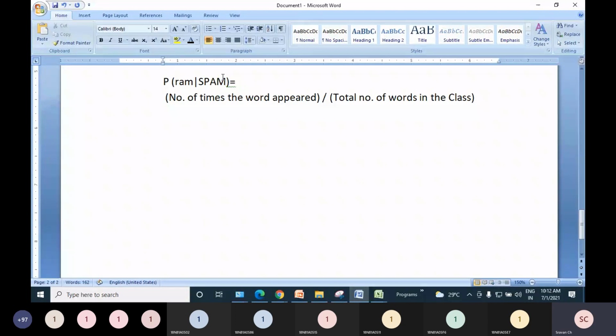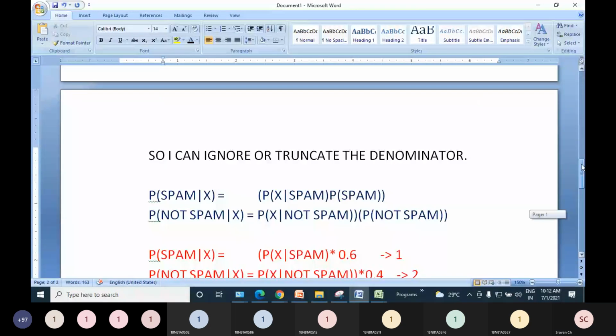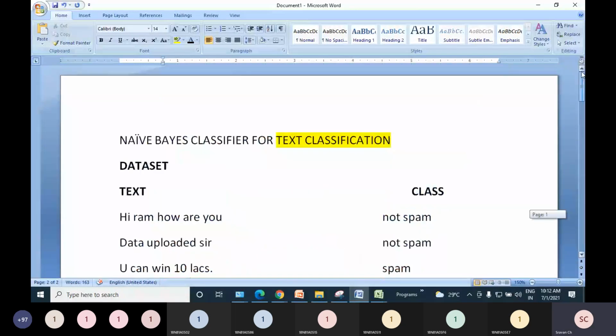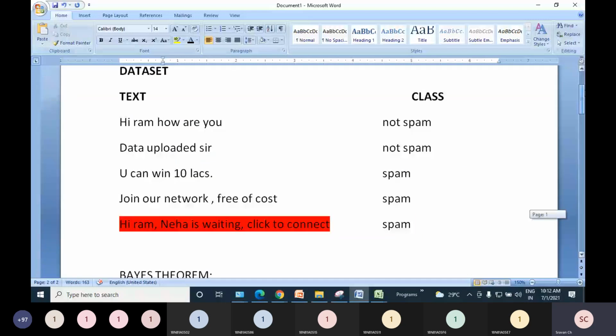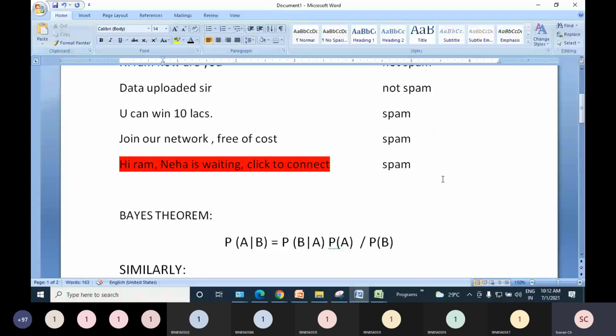Which class? Spam and not spam are the two classes. I am dealing with the spam class now. So for the total number of words in the class, I should go back to my data set. How many spam records are there? There are three records. In these three records, I count how many words are there in the spam class.